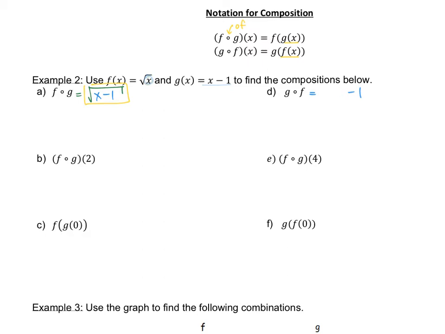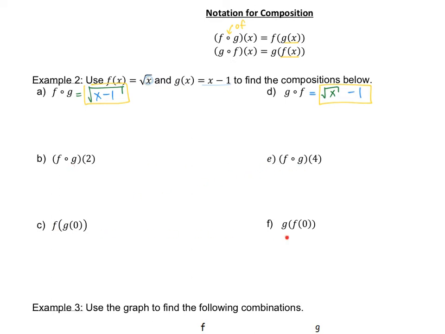Instead, we plug in our f function, because that's what we're plugging in. So that means the square root of x goes here instead of x. And now that is it. You are done because I can't combine a square root of x with a constant, a 1.